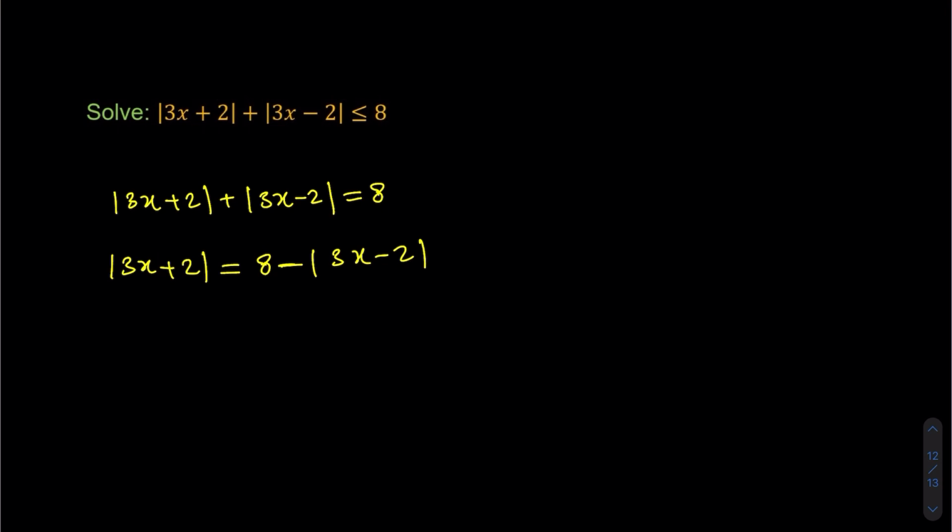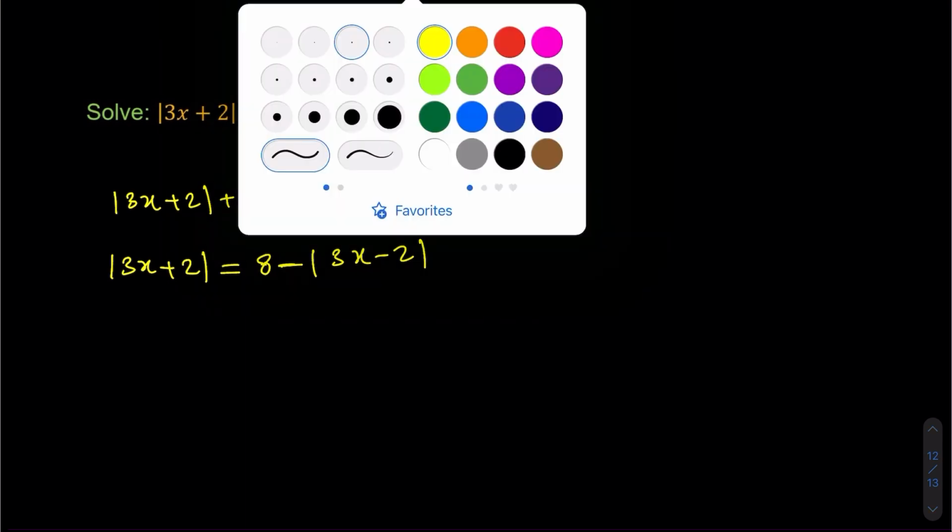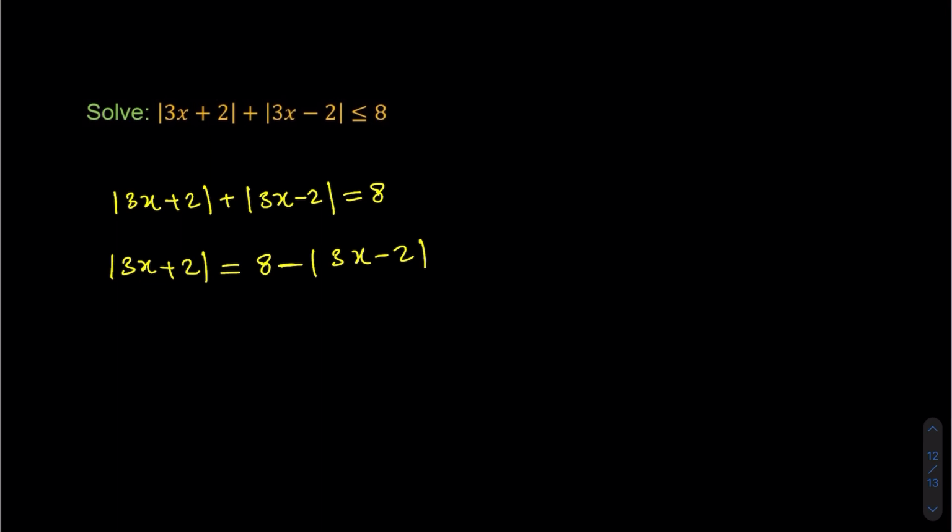So now, in order to solve this absolute equation, I need to take the values out of the absolute value. In order to do so, I will have two possible outcomes.